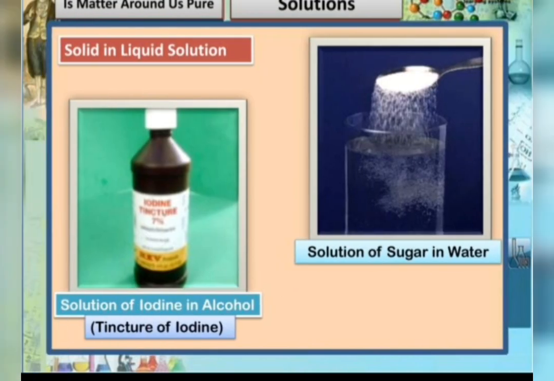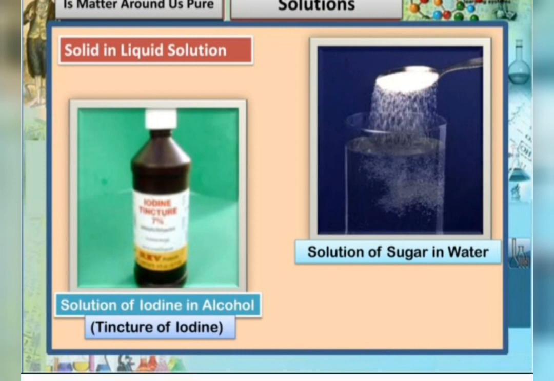Now, types of solutions. We usually think that solutions are formed when solid substances are dissolved in liquids, right? When sugar or salt is dissolved in water, we are dissolving a solid in a liquid. Though most of the common solutions are made by dissolving solid in liquid, this is not always so.